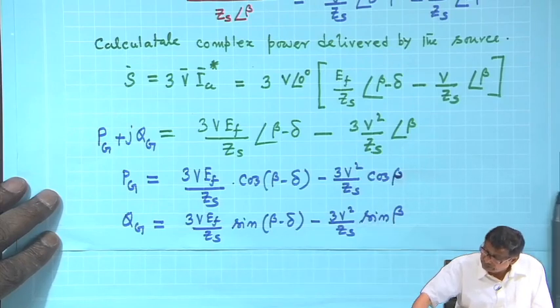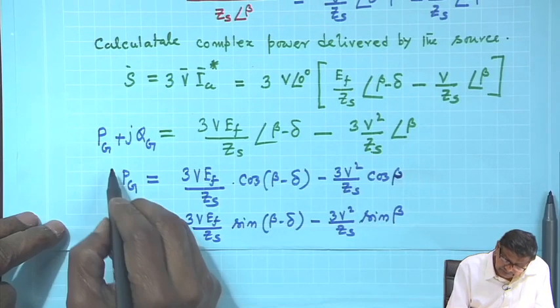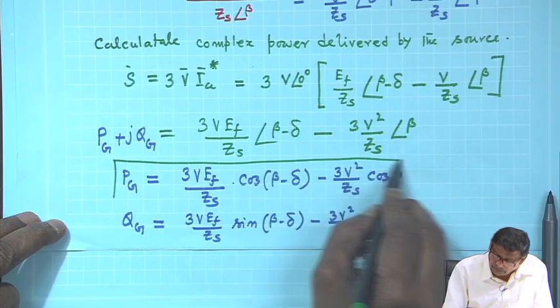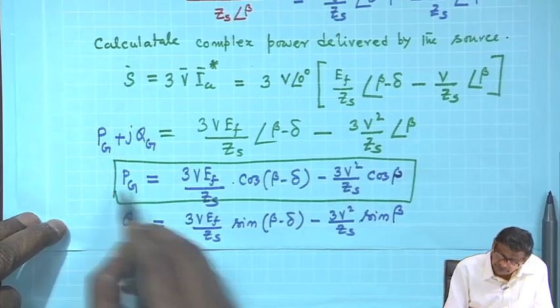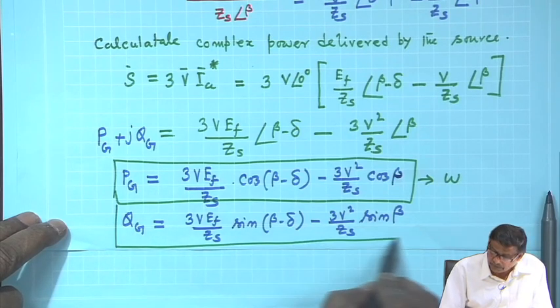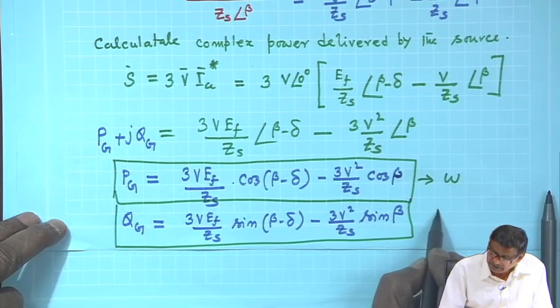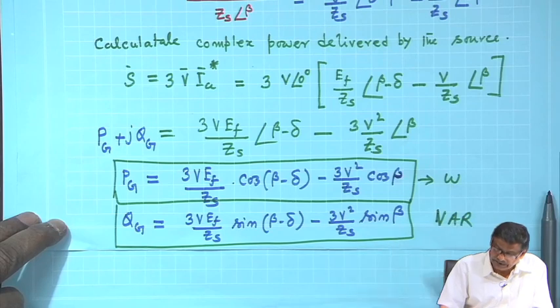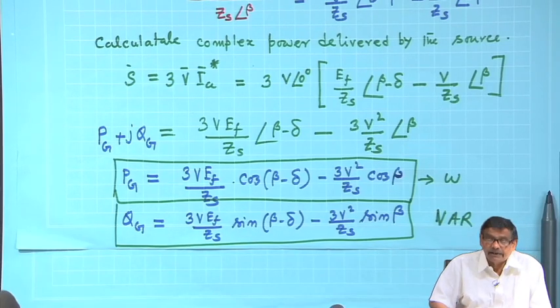Is that clear? So, this is the power, real power in watt, and this is the reactive power in VAR, volt ampere reactive, that is delivered by the generator. Okay.